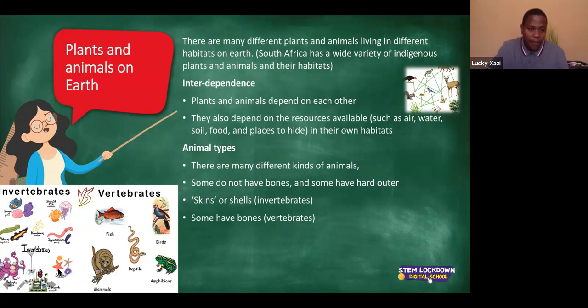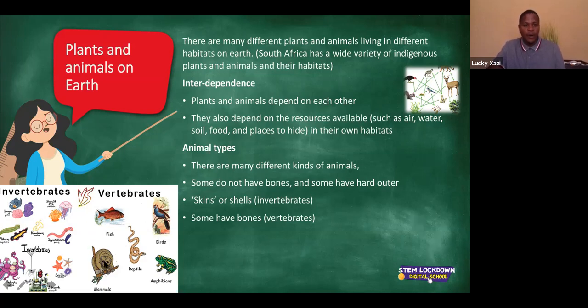Let's look at our picture on the bottom of the screen. As you can see, it's invertebrates versus vertebrates. Let's focus for now on vertebrates. There's a fish. A fish has bones, and a bird has bones, and all these animals on this side have bones.